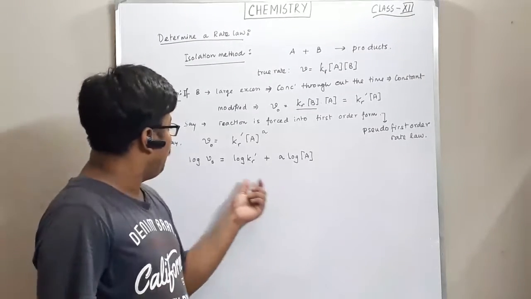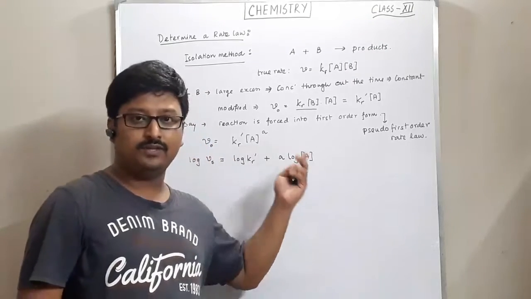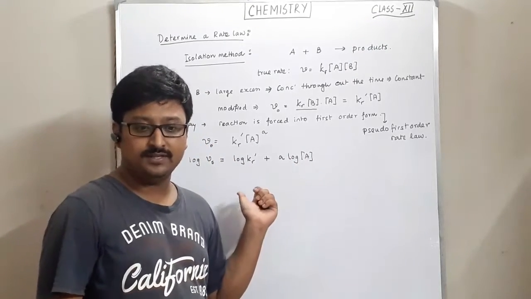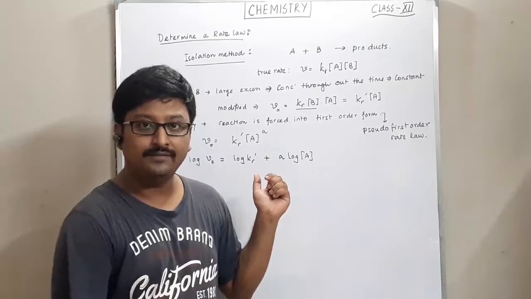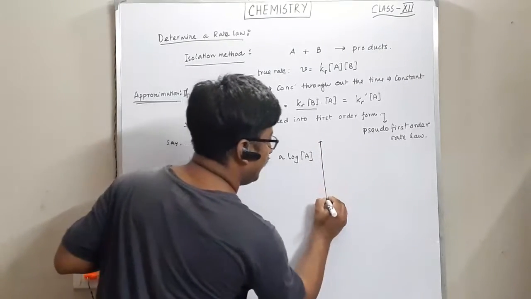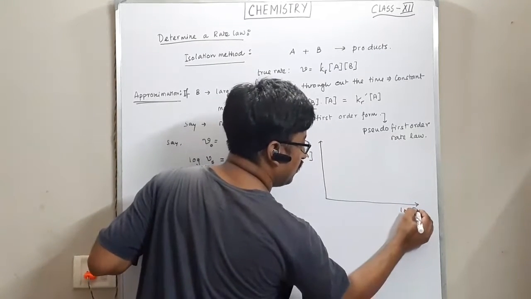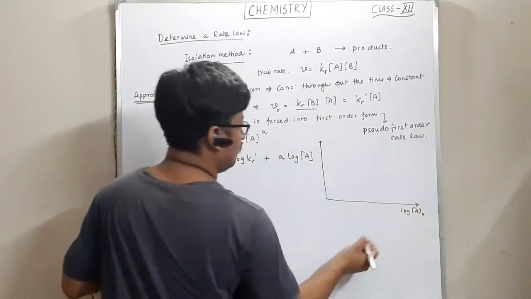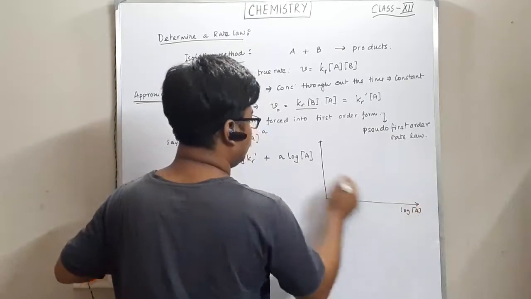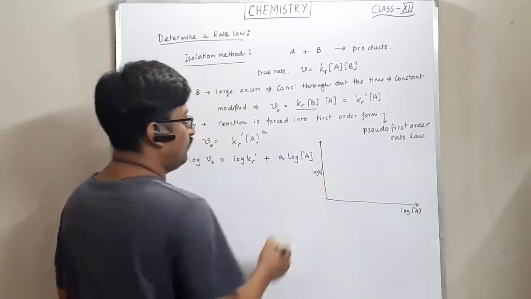Now if we plot log of V0 with respect to log of A, what will we get?